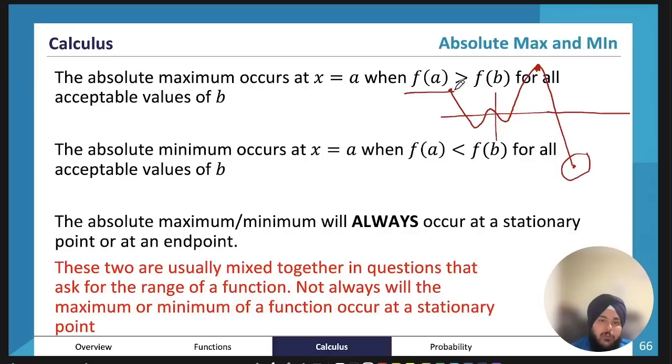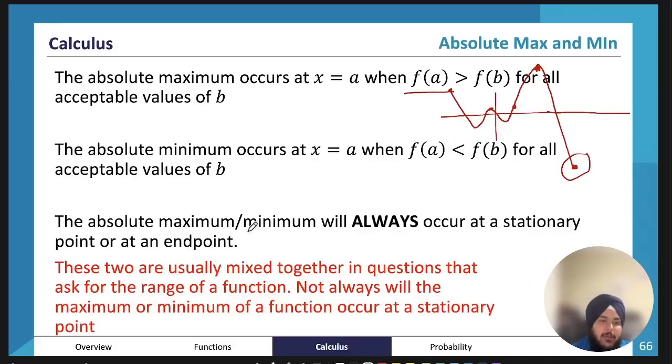All the y values are going to be lower than it, so if this is b or this is b, f of a will always be greater. Similarly, for an absolute minima, the y value at this point will always be lower than the y values at all of these other values. That's essentially what the definition means.